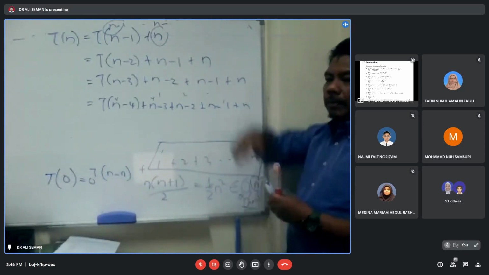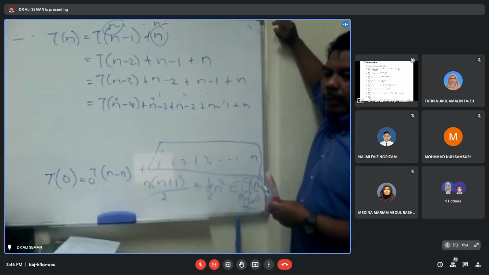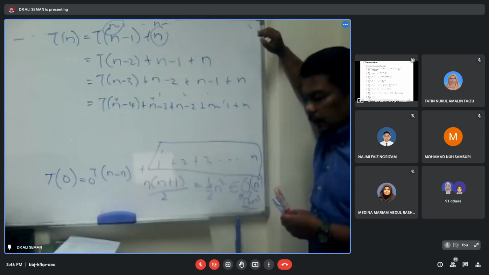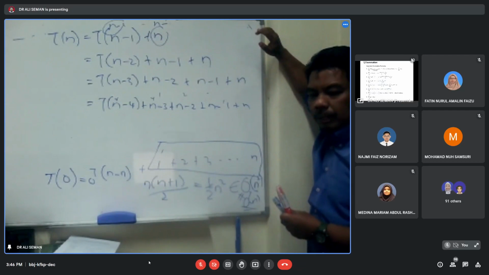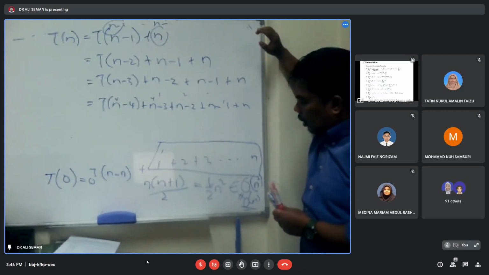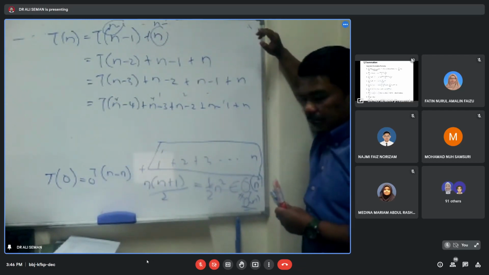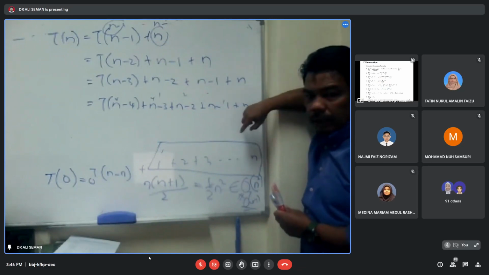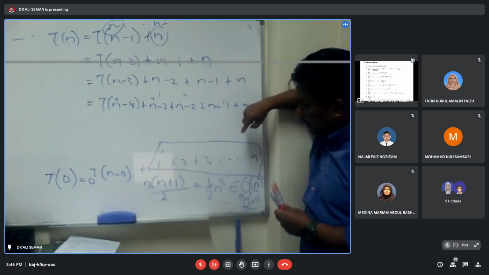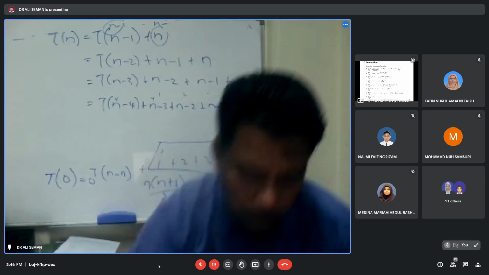The Big O is upper bound, the maximum over the input size. So now for this algorithm, for this recursion, the Big O is O of N squared. Clear?